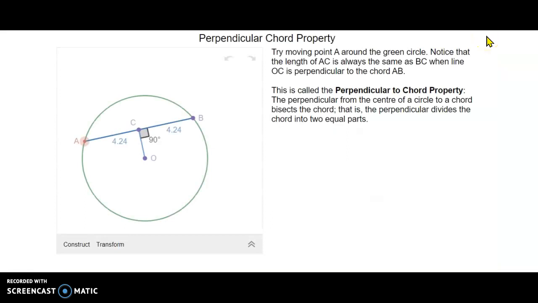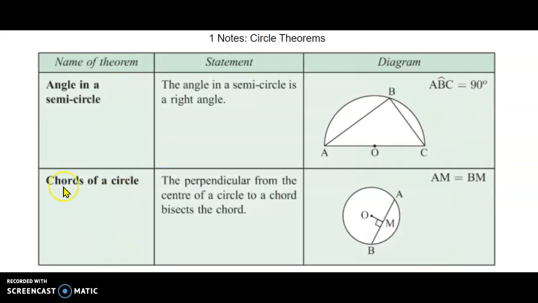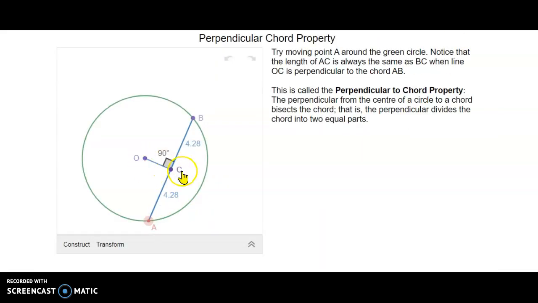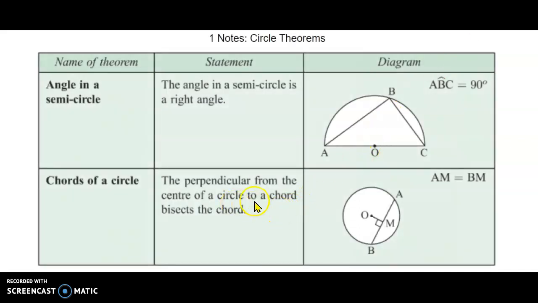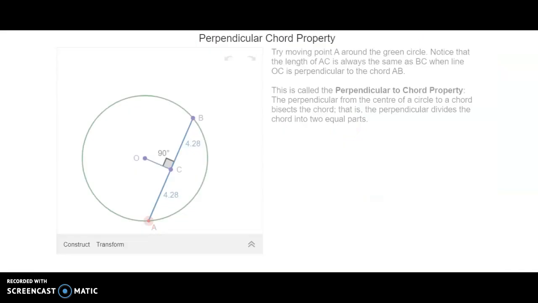On slide 15, I'm showing you the perpendicular chord property. Let's move A around over here. As you can see, AC and CB are equal in length. Remember what the theorem says: the perpendicular from the center, so O to C, to a chord bisects the chord.